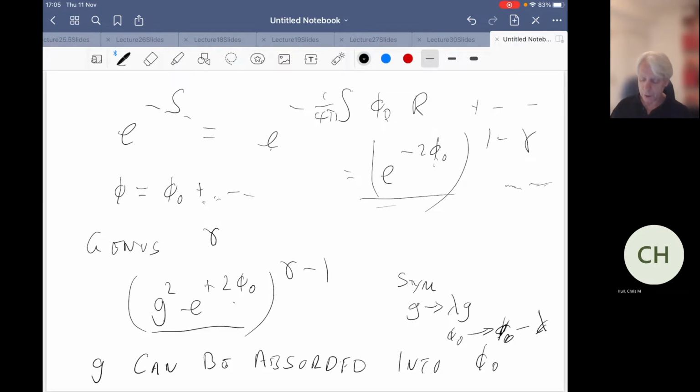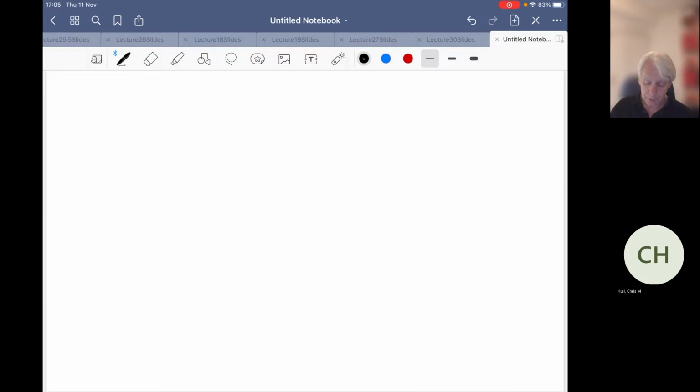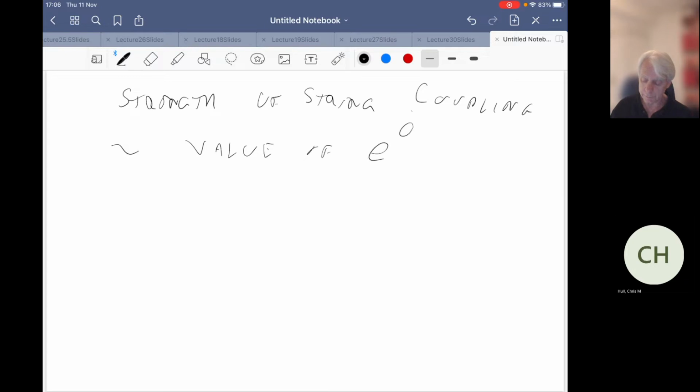Rather, we can think of the strength of the coupling as being associated with the dilaton field, as it's associated with the expectation value of e to the phi.